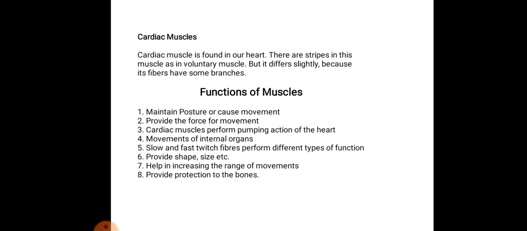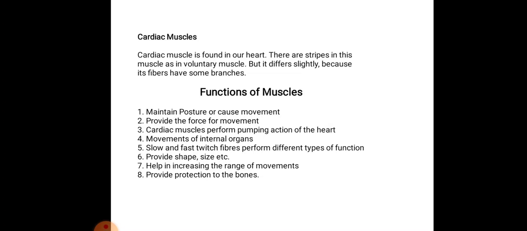I've already said that the muscle system is just like a machine which converts chemical energy into mechanical energy. We know that there are three types of muscle in our body: skeletal, smooth, and cardiac. Each type of muscle performs a specific function in our body.